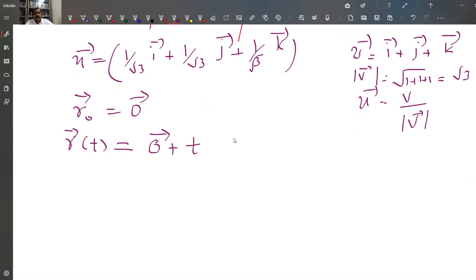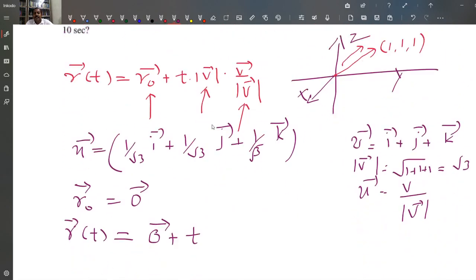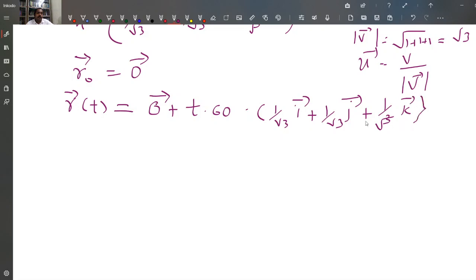Modulus of v is the speed, which is given to be 60 feet per second. So it is t times 60 times the vector 1 by root 3 i plus 1 by root 3 j plus 1 by root 3 k.